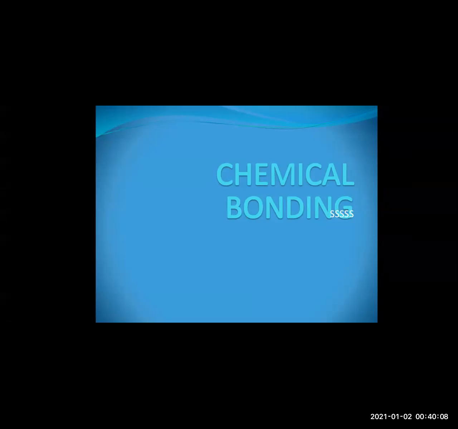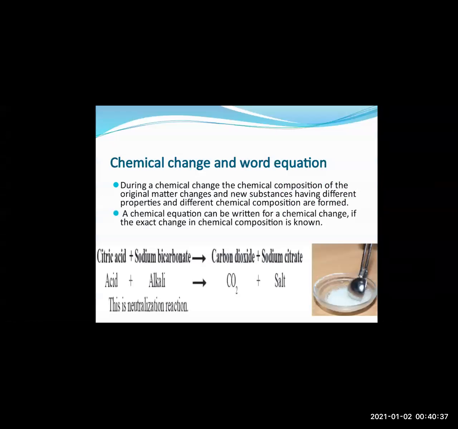Chemical changes occur with a change in color, even the taste changes, and some gases are also released from the substances. Even the banana: after some days the banana becomes blackish in color, so that is also a chemical change. Now we will move forward in this lesson about chemical changes and the word equation.